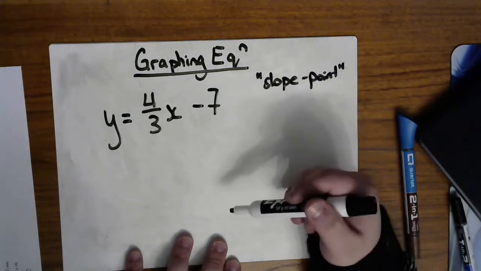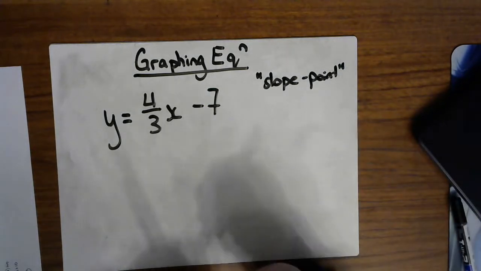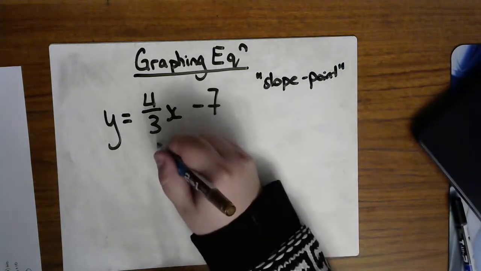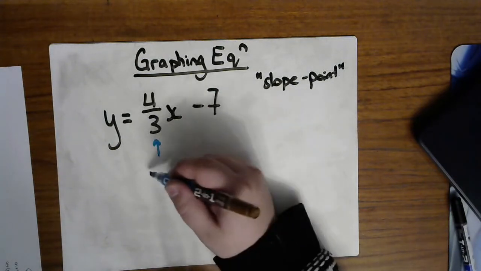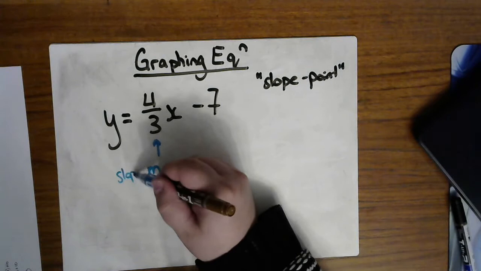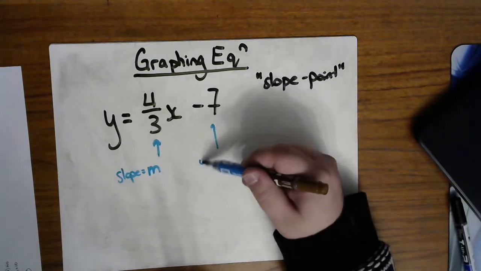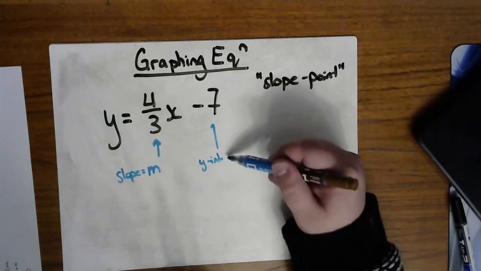The reason that it works like this is because when we have our equation, as I've said numerous times before, here is our slope, our m value, and here is our y-intercept, our b value.